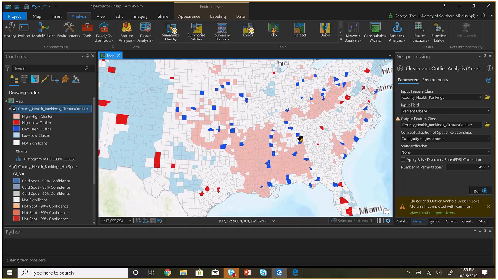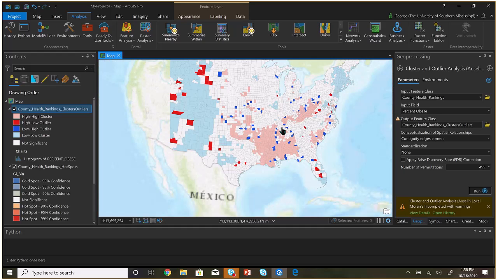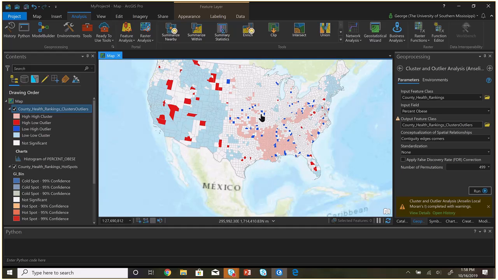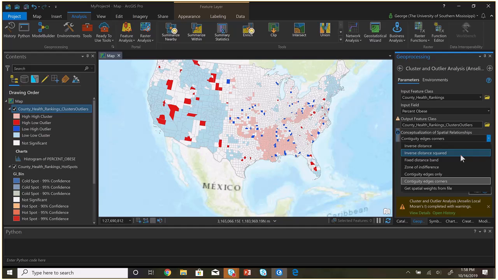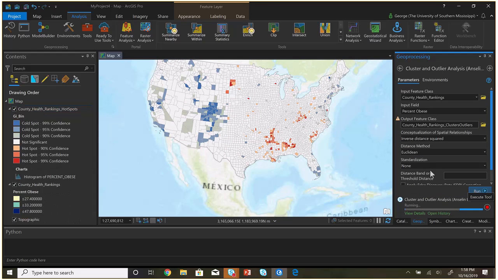Nope. But it did change the map a bit. There's actually fewer clusters because now we're looking at just edges rather than a distance. What if I do inverse distance squared?